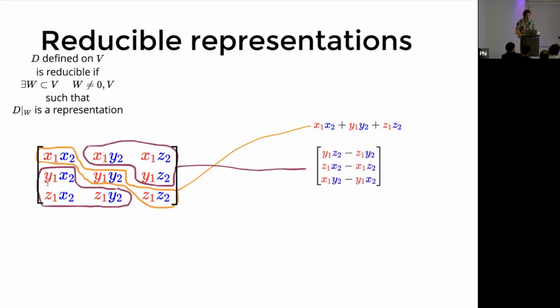Another one is the anti-symmetric part. If I take these two components and subtract them, and do the same for the others, what I get, you can recognize, is the cross product. And this is the same story: it also transforms independently with respect to rotation. If you have two vectors and you do a cross product, the result is rotated the same way as you rotate the two inputs.